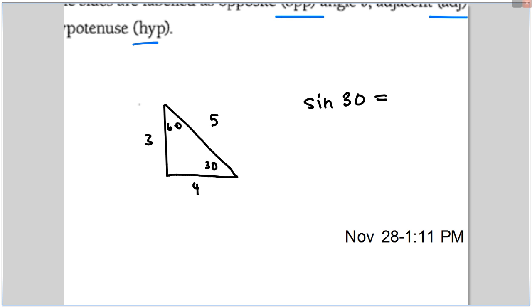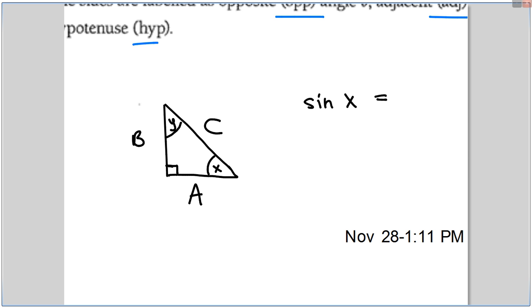Actually, maybe I'll just use letters instead of numbers. That way there's no confusion. So 90 degree in the corner, angle X, angle Y, and we'll go A, B, C like that.